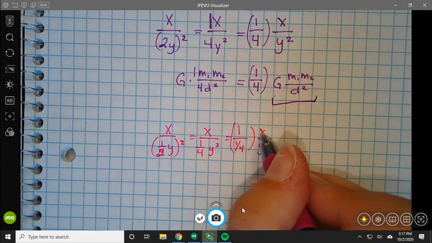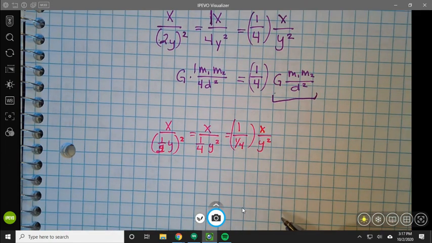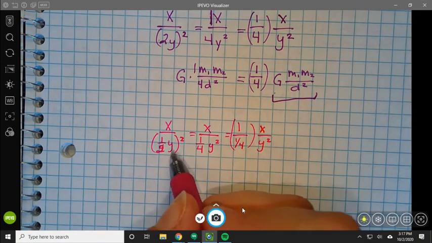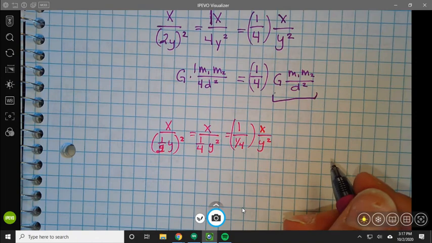So the variables here really wouldn't change at all, but you can just pull those numbers out to the front. And so this is the same basic idea of what we're doing in the second example that you worked through.